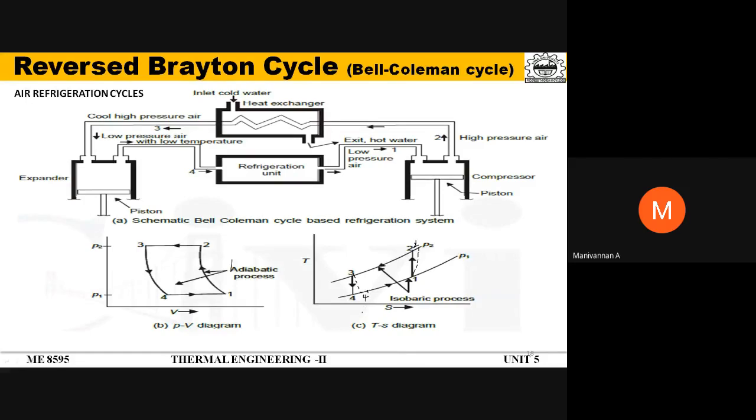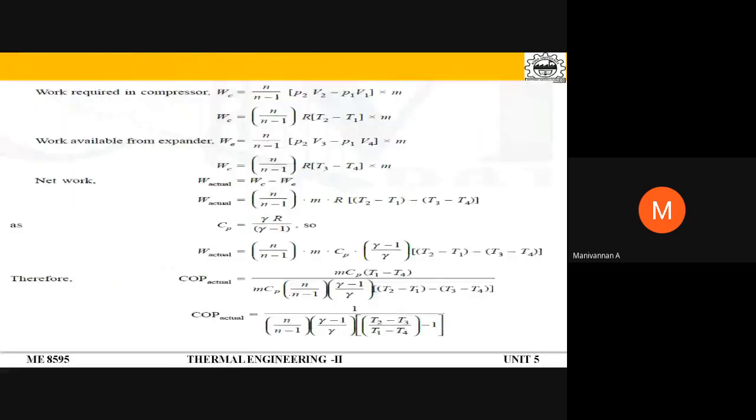So to find the COP of the actual Brayton cycle, I cannot use this one. So I am calculating the work required in the compressor, assuming the compression is a polytropic process.